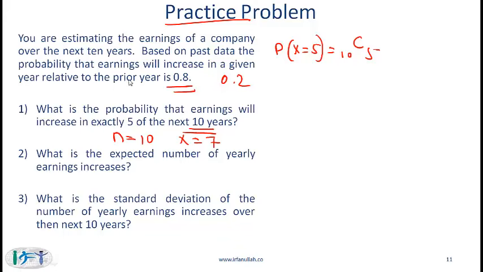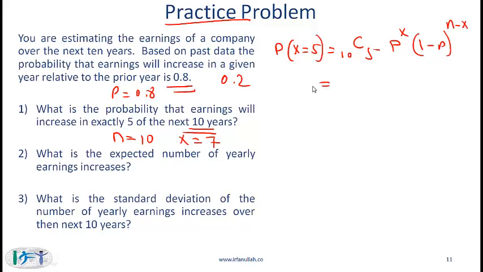The probability of success is equal to 0.8. So let's regurgitate the formula here: 10c5 into probability of success raised to the power of number of successes, probability of failure raised to the power of number of failures, which is n minus x.